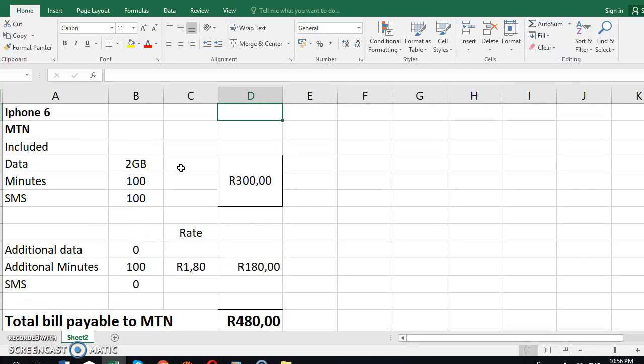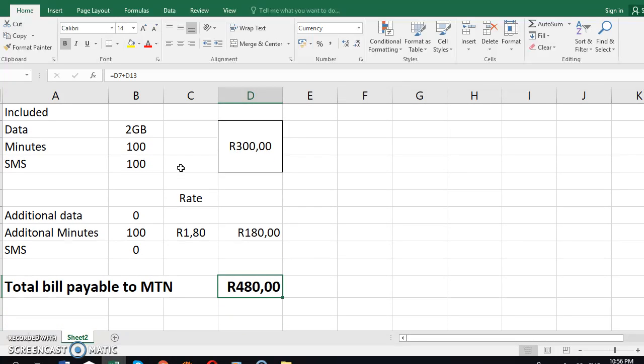But of that 480, the 300 was fixed, whereas the 180 for extra minutes was variable because I was paid per extra minute that I had to buy, and therefore that was variable. So of the 480 payable to MTN, 300 was fixed and 180 was variable. So just to give you an example, a mixed cost is typically your cell phone bill.